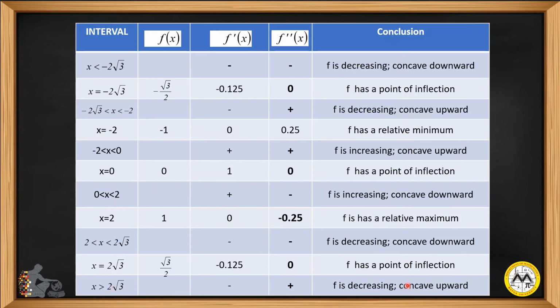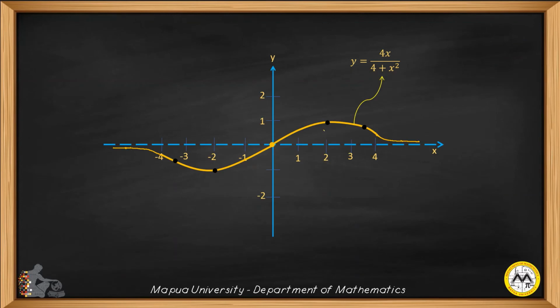Okay, so what do we do next? We consolidate everything and we sketch the curve. Okay, as a result of our analysis, we will be able to sketch this curve.